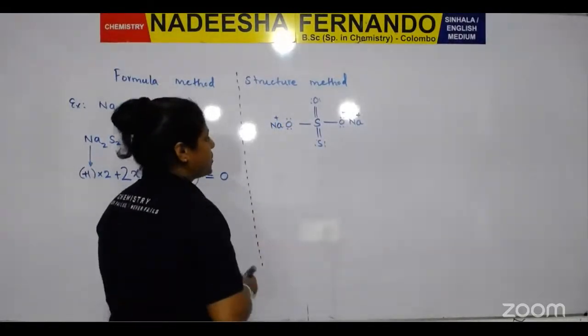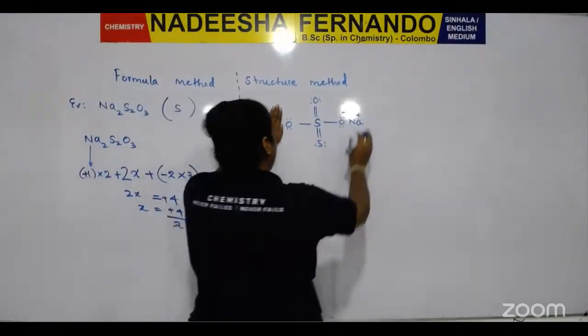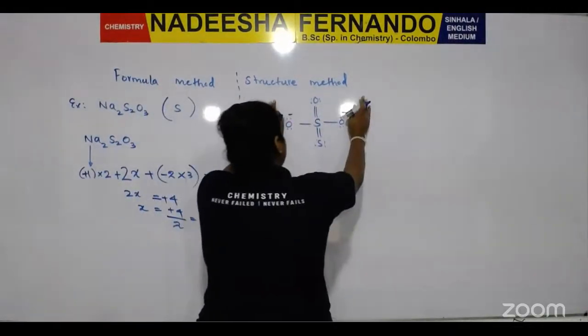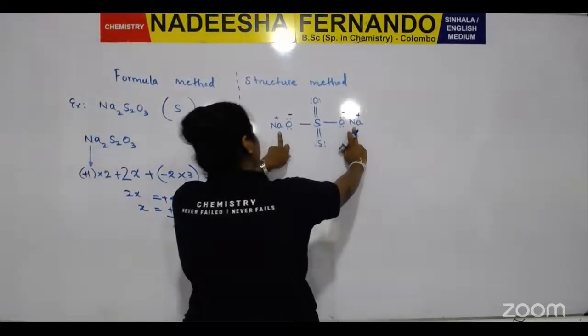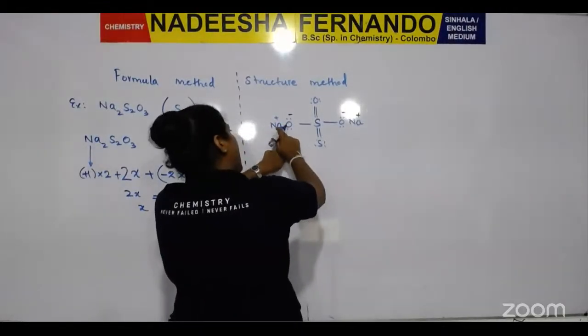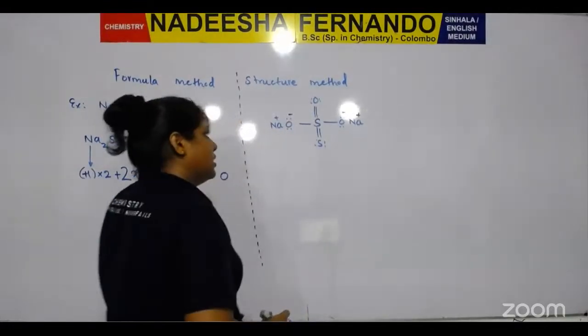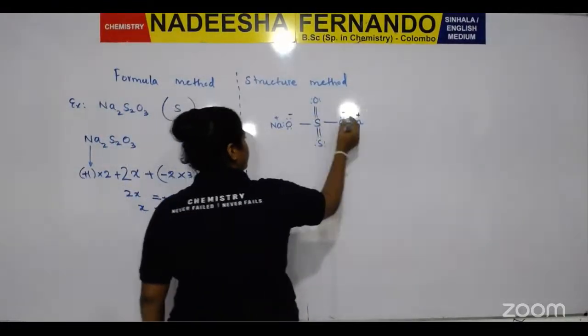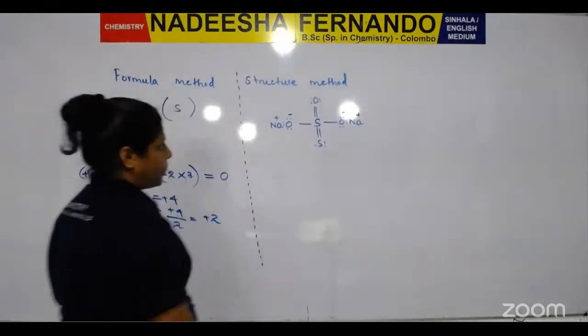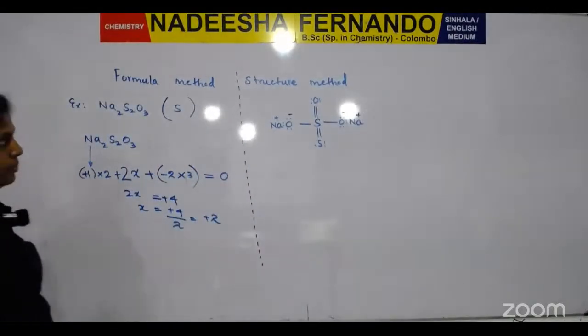This is the Lewis structure of thiosulfate. Here, thiosulfate has a negative charge. When there is sodium thiosulfate, there is an ionic bond between sodium plus and O-. Right? O-. Like this. Sulfur, sulfur, double.